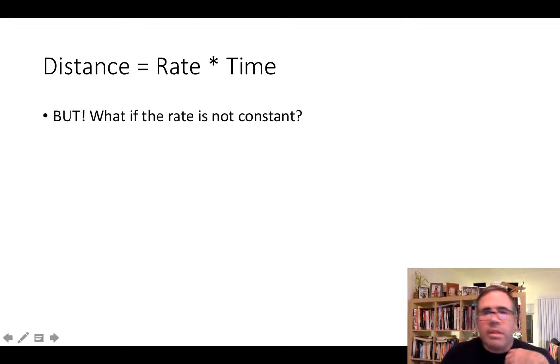But what if the rate is not constant? This would model more closely the situation that you are in when you're in an actual car. Like most people, except on the highway, are not going at a constant rate.